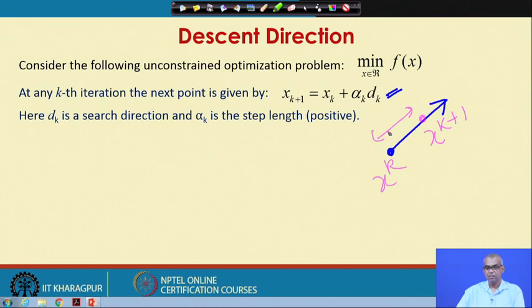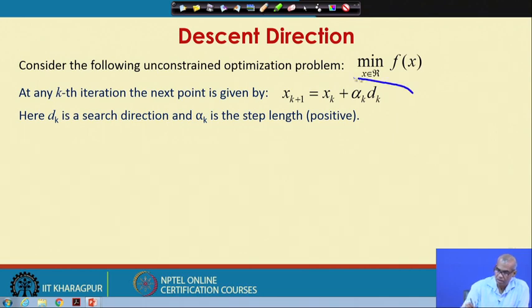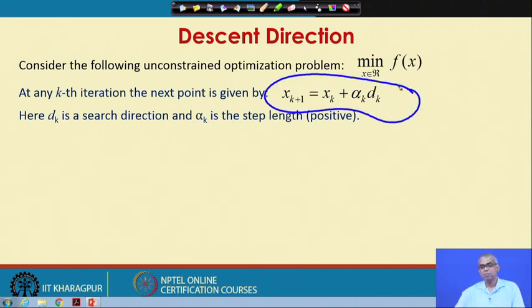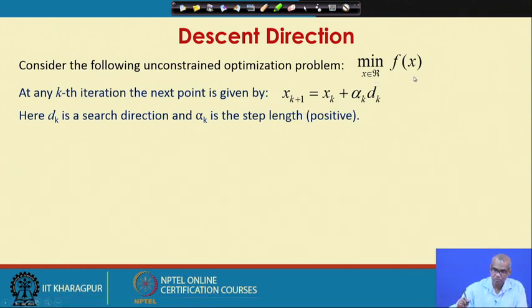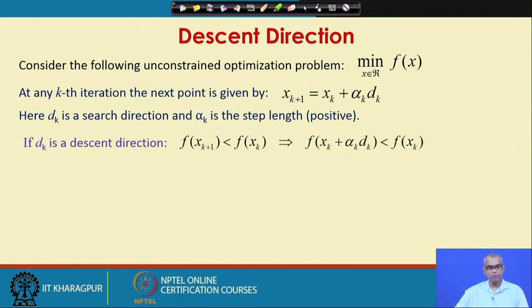So, if d_k is the search direction and alpha_k is the step length at the kth iteration, the next point at the (k+1)th iteration can be obtained as x_{k+1} equal to x_k plus alpha_k d_k. If d_k is a descent direction, then the function value at x_{k+1} will be less than the function value at x_k.